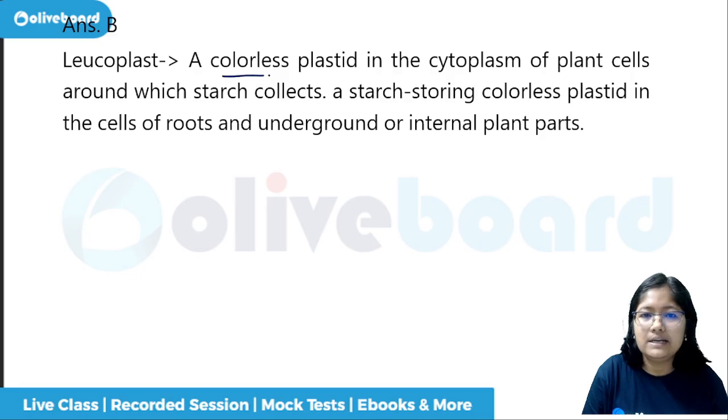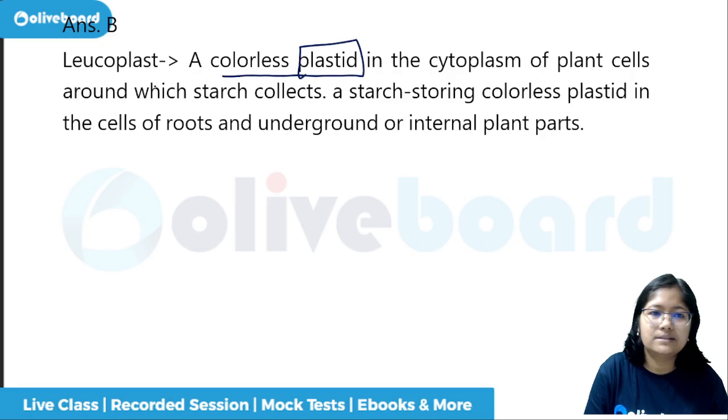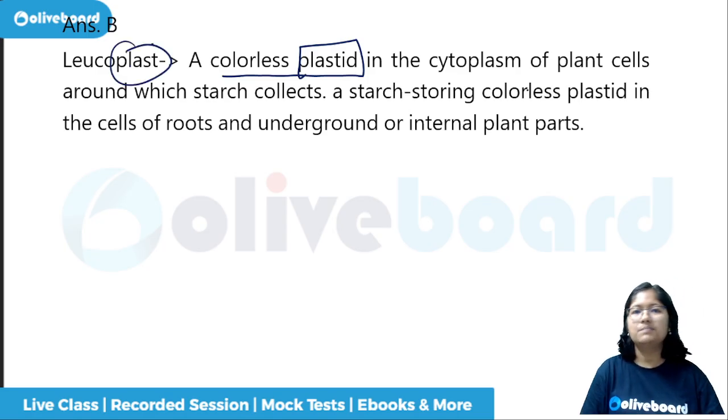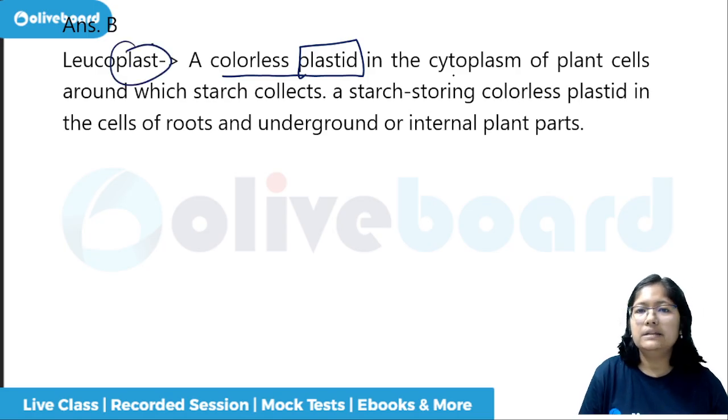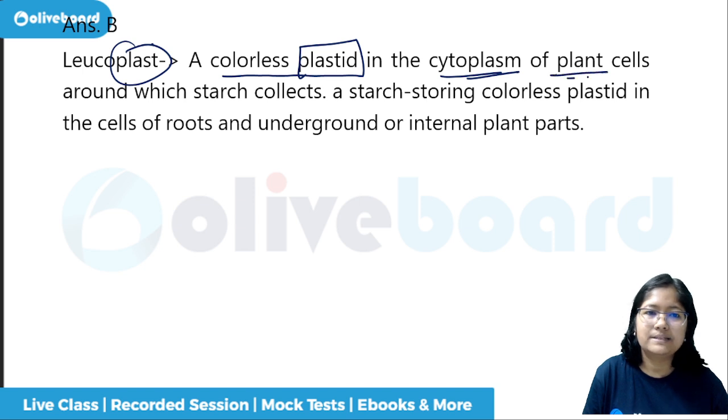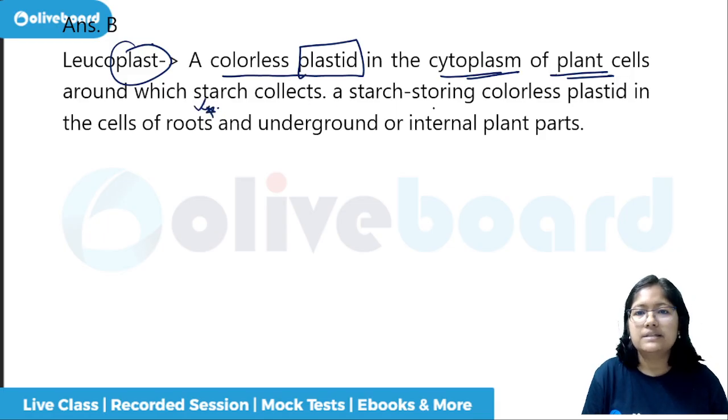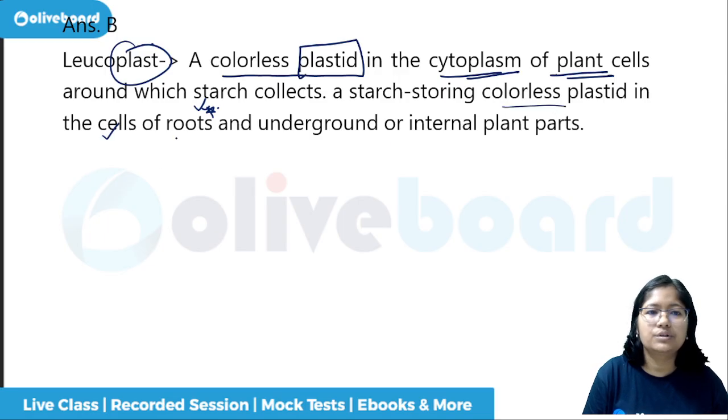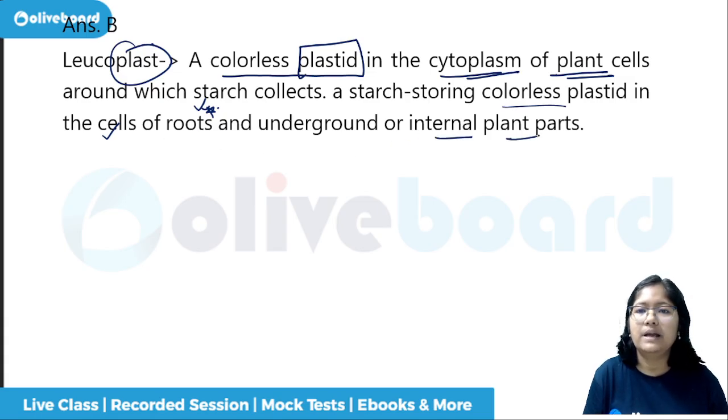Leucoplast is a colorless plastid. Plastid means in the plant. In the cytoplasm of plant cells, around which starch collects. So here starch will collect. It is a starch-storing colorless plastid in the roots and underground or internal plant parts.